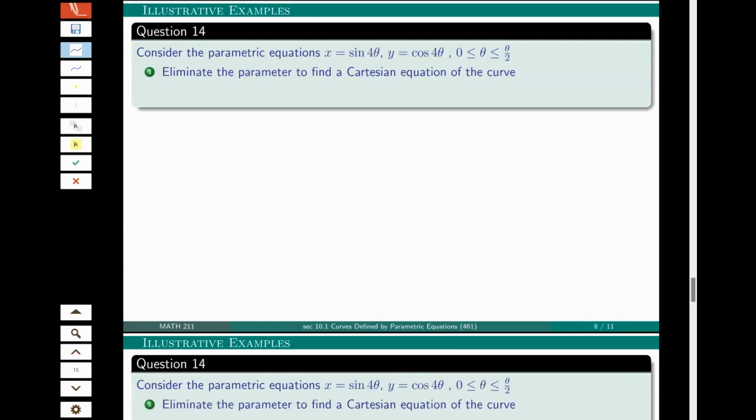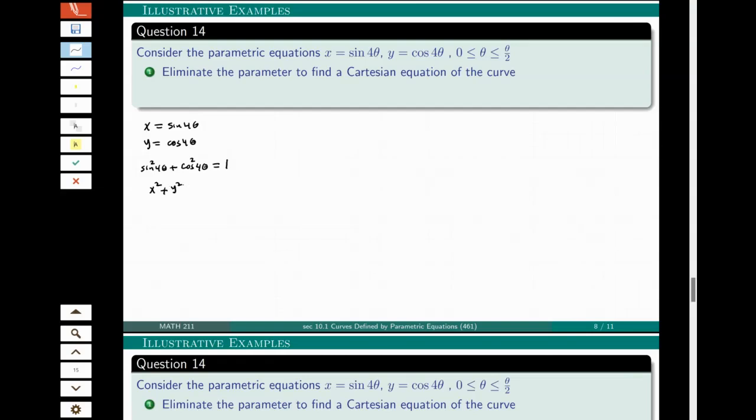So here he is telling me if you change it to the Cartesian system, it's easier. So whenever I have x equal to sine 4 theta and y equals to cosine 4 theta, since sine squared of the angle plus cosine squared of the same angle, in math 2 we said this is equal to 1.